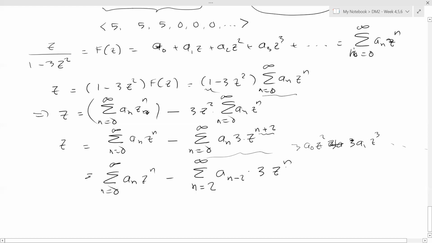So we shift the index like that. So it's the same thing again. So 3a_(n-2) times z to the power of n, right?